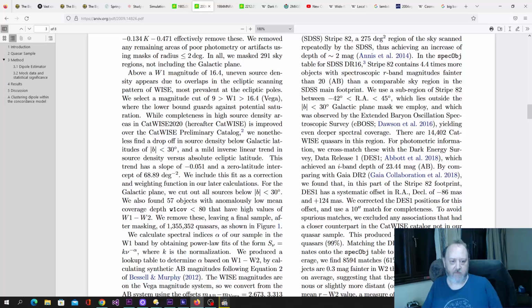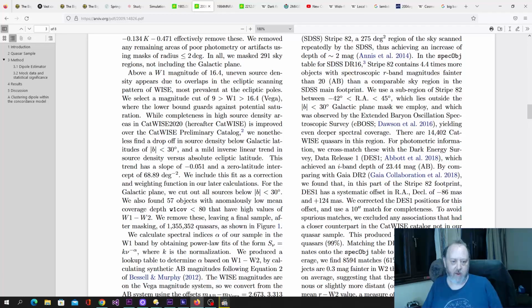We nonetheless find a drop-off in source density below certain galactic latitudes and a mild inverse linear trend in source density versus absolute ecliptic latitude. This trend has a slope of minus 0.51 and a 0 latitude intercept. We include this fit as a correction weighting function.